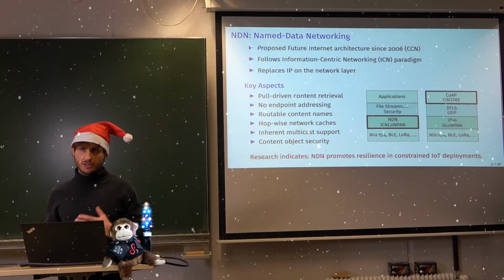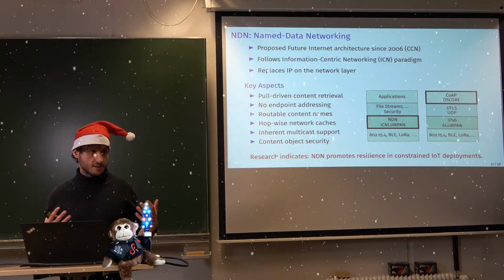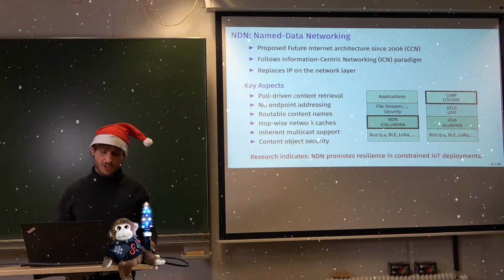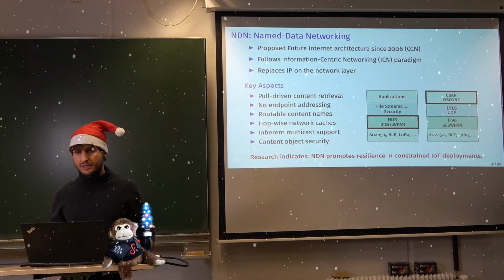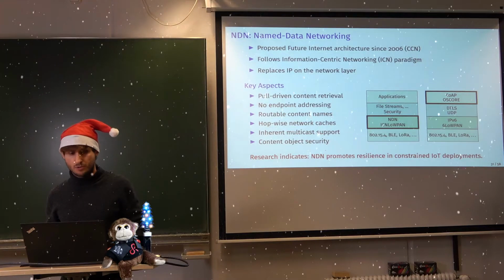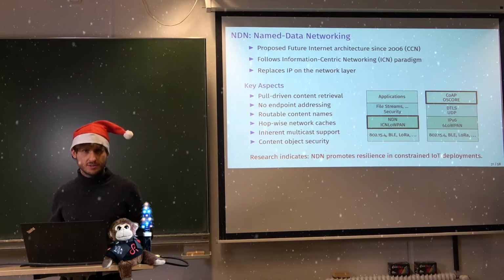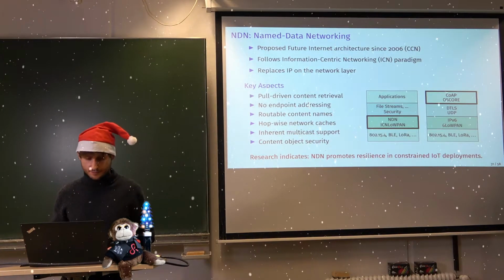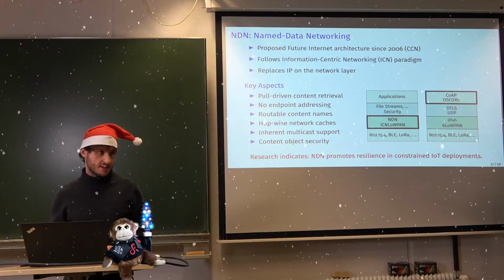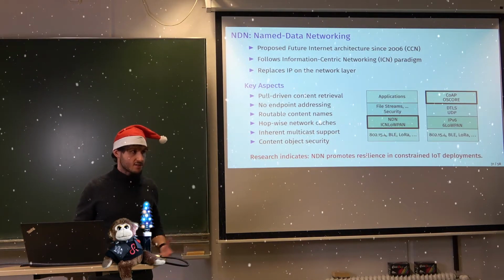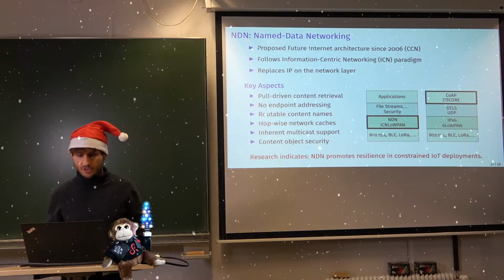Each node along a path is using a cache, so we have hop-wise network caching, and NDN supports inherent multicast, and of course provides content object security. And research indicates that NDN actually promotes resiliency in IoT deployments, very constrained IoT deployments.